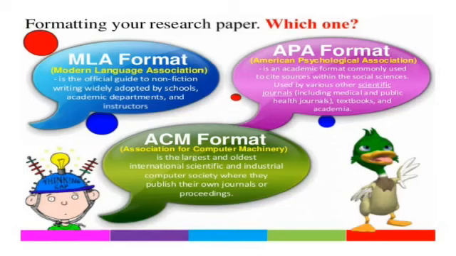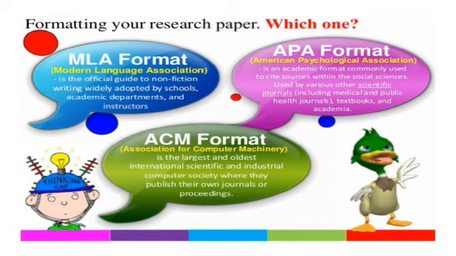So here you see there are three types of formatting usually used in research papers. The first is MLA format, which is the Modern Language Association, used in schools, academic departments and by instructors.